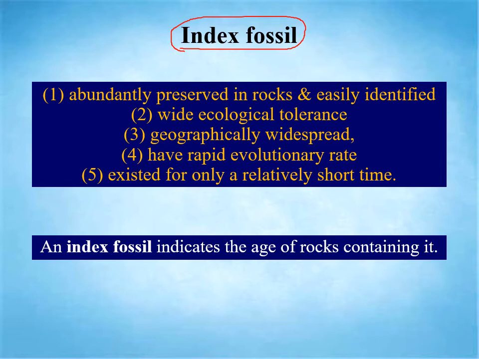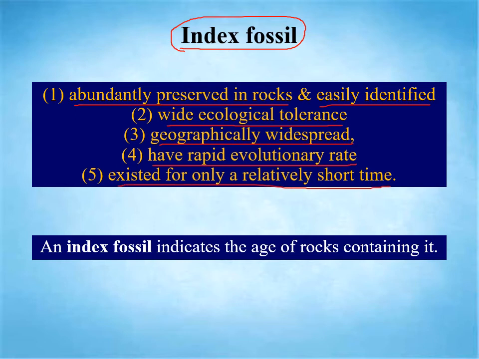Firstly, they should be abundantly preserved in rocks and easily identified. They should have wide ecological tolerance. They must be preserved in geologically widespread areas. They have a rapid evolutionary rate, and if they show a rapid evolutionary rate, then they will exist on Earth for a relatively short period of time.